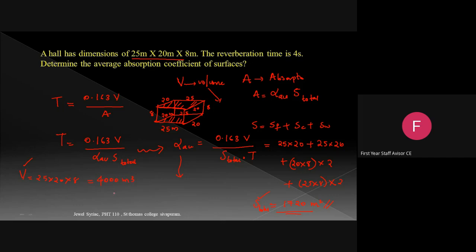So alpha average is equal to 0.163 into volume, that is 4000 meter cube, divided by S total, which is 1720, into the reverberation time T, which is 4 seconds.